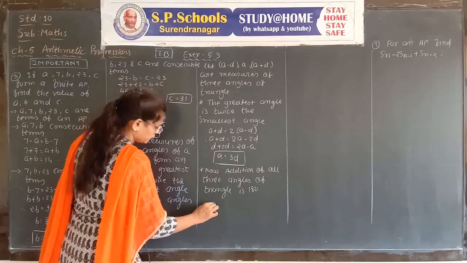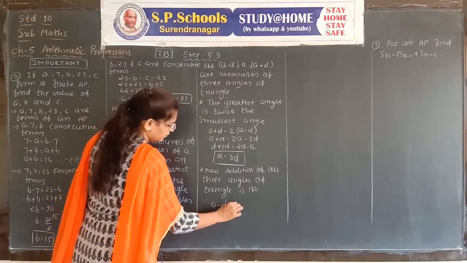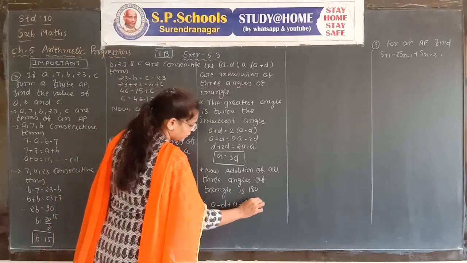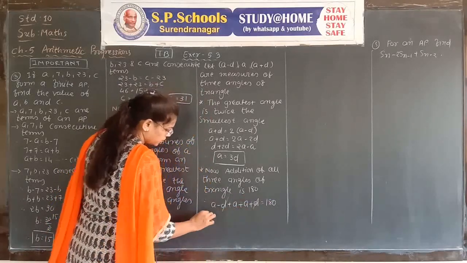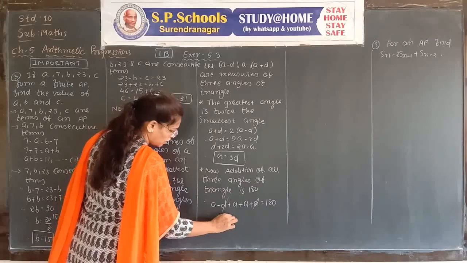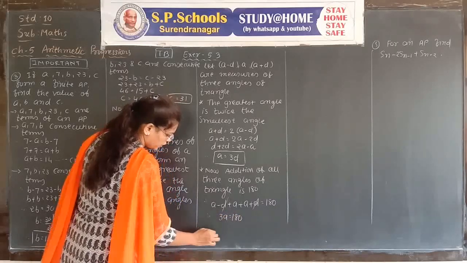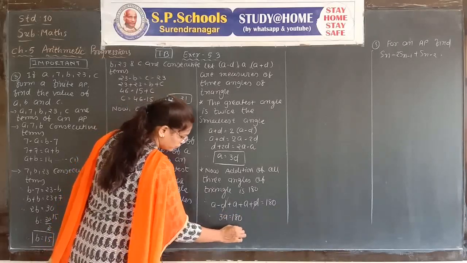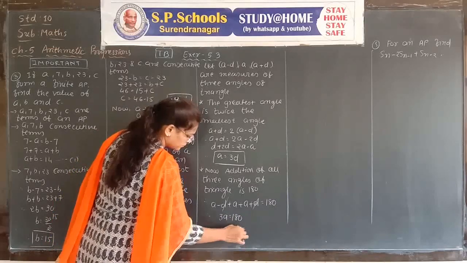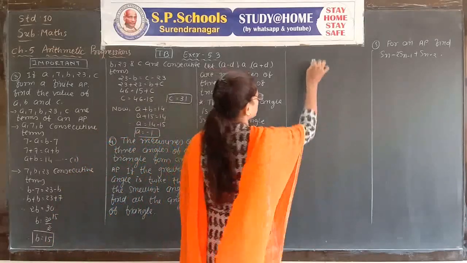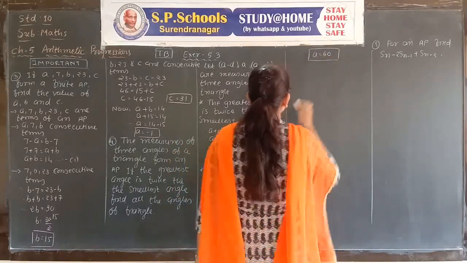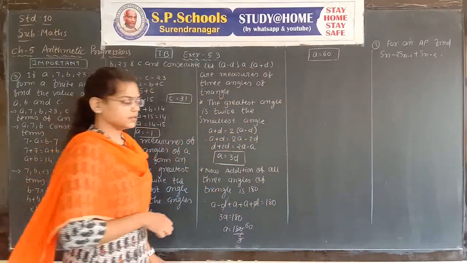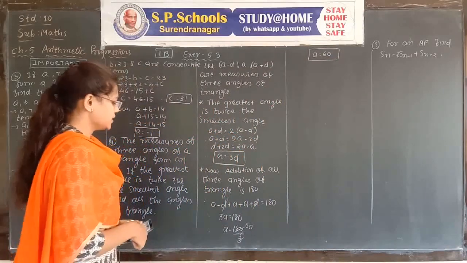First angle, A minus D, plus A, plus A plus D is equal to 180. Plus D and minus D cancel. A plus A plus A is 3A, which is equal to 180. Therefore, A is equal to 180 upon 3, which is 60. Here the value of A is 60.